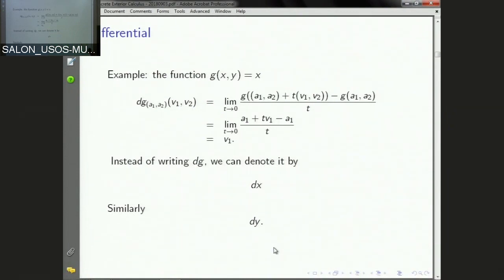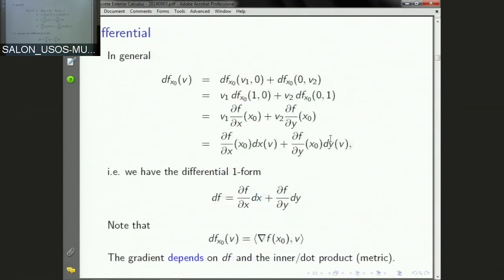So what does this thing, dx, do? Essentially, from this calculation, it commands every tangent vector in R2: give me your first coordinate. A similar calculation will tell us about the function y and its differential dy, which will ask for the second coordinate of a vector.